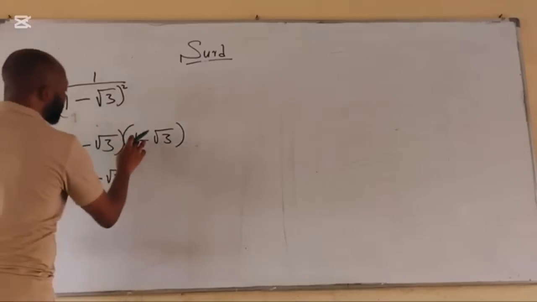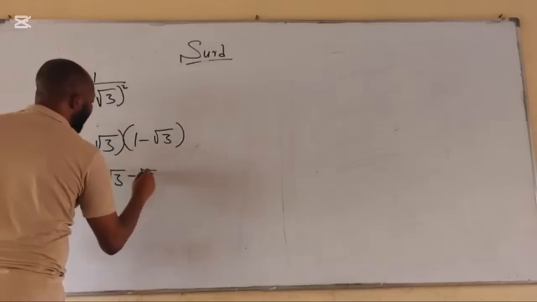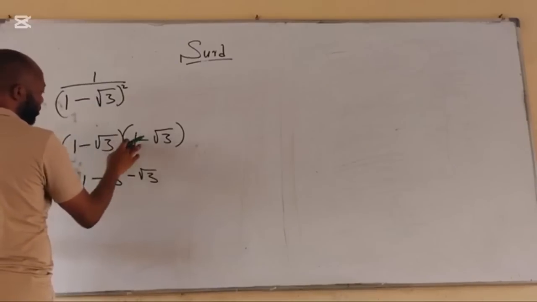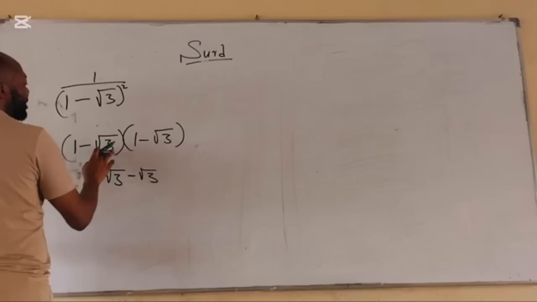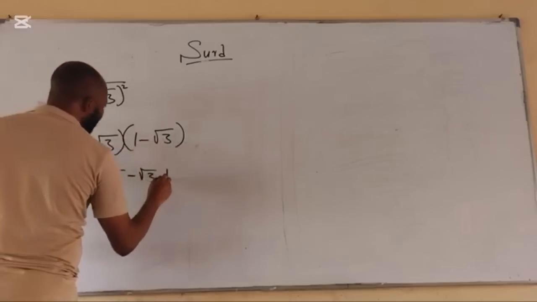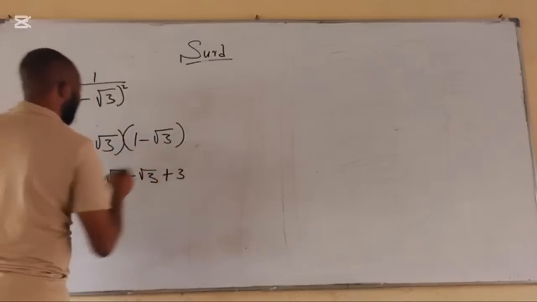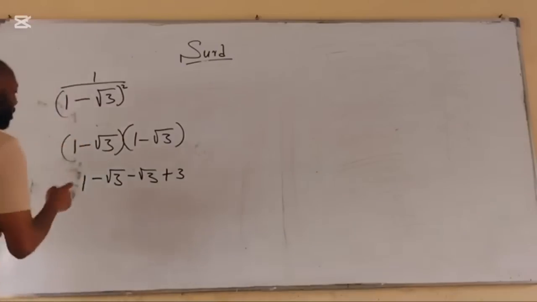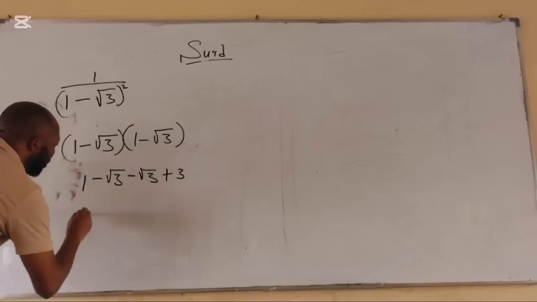Minus root 3 times 1 is minus root 3. Minus root 3 times 1 is minus root 3. Minus root 3 times minus root 3 is plus 3. In this sense, 1 plus 3 here is 4.